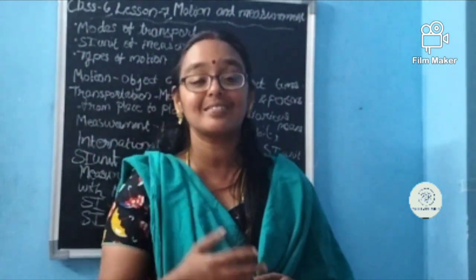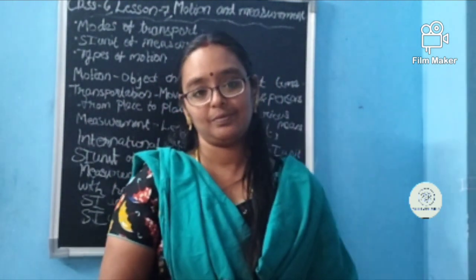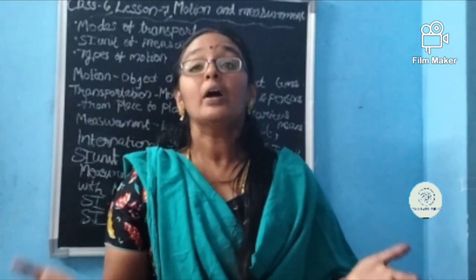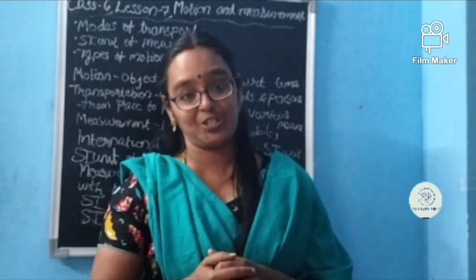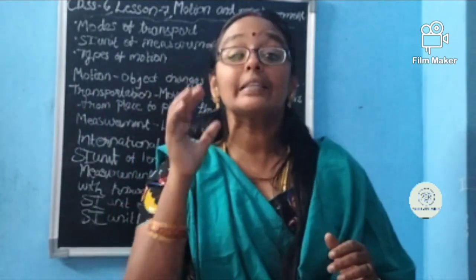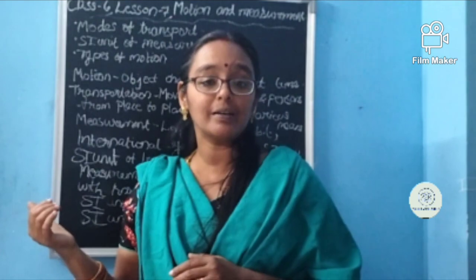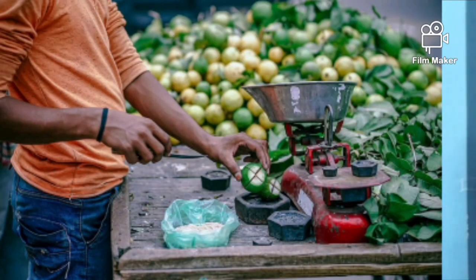So what are you understanding? 1 kilogram of tomatoes is this much tomatoes. Will 5 tomatoes make 1 kilogram? No. Will 7 tomatoes make 1 kilogram? No. We can't say how many tomatoes it is because tomatoes may vary in size and shape. But the kilogram, we are measuring by a reference standard. So what is measurement actually?